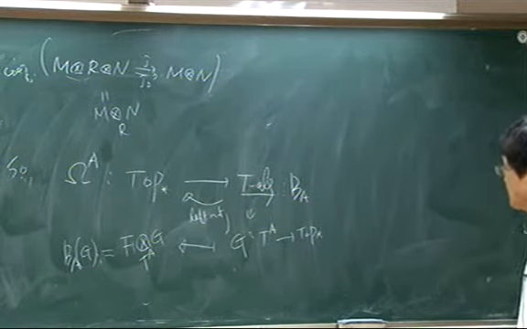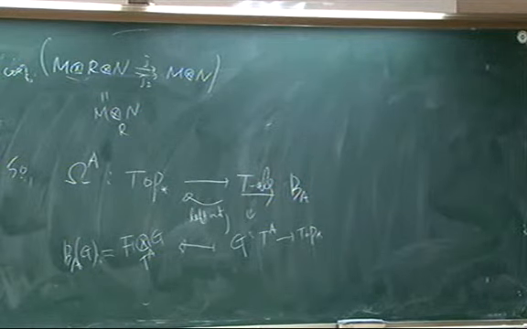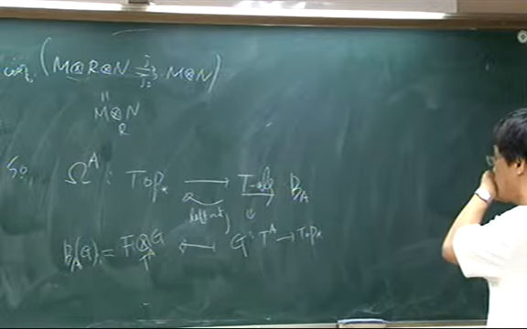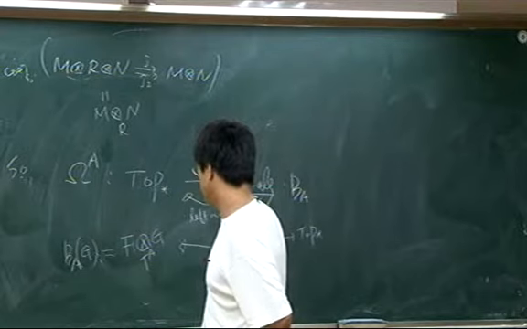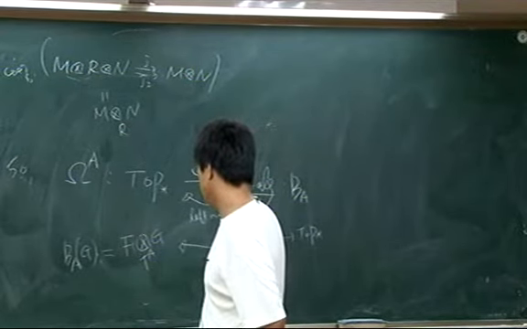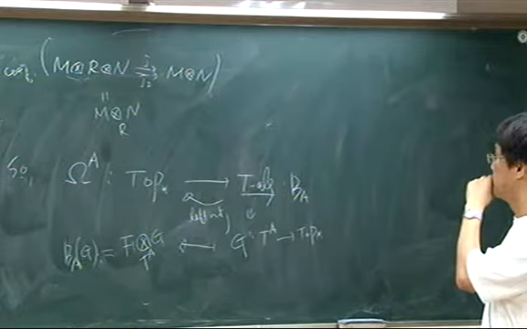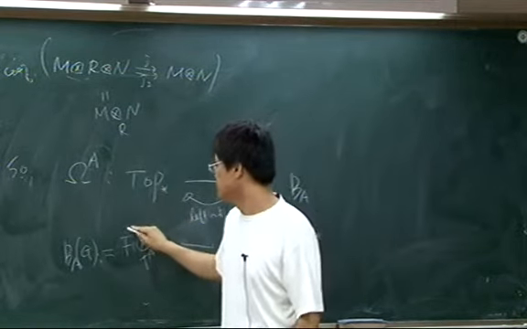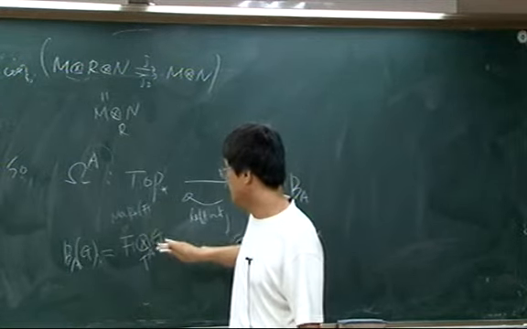What is this F? Yeah, F is the functor coming from the A, right? This functor f. Right.